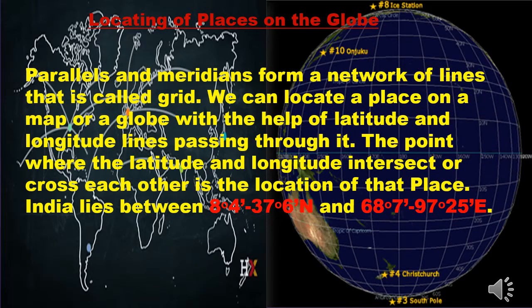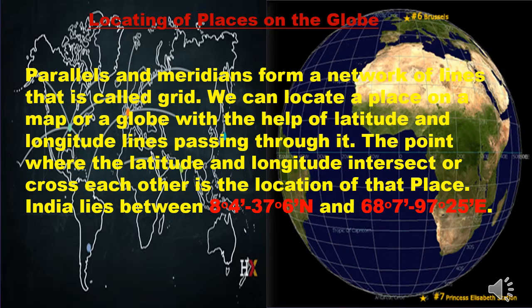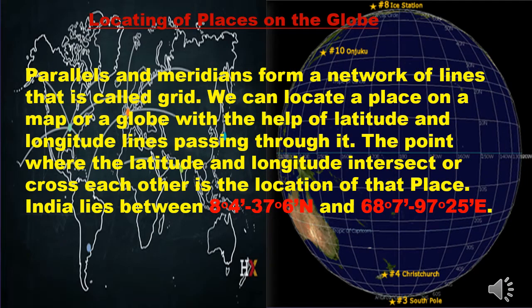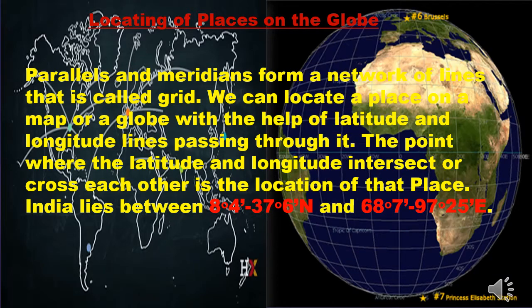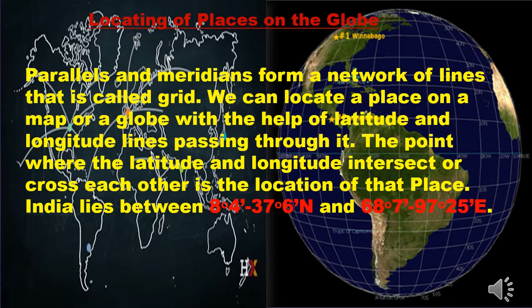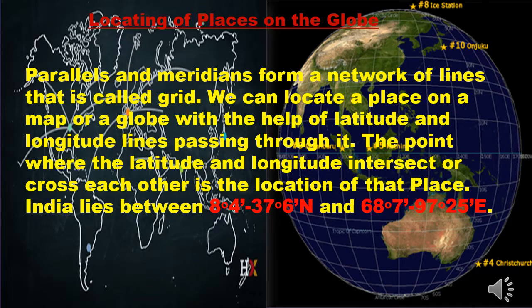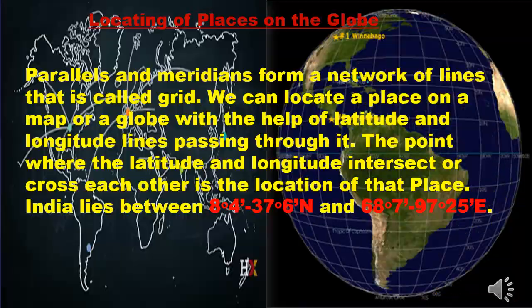The Tropic of Cancer, 23 degrees 30 minutes north, divides the country into almost two equal parts. To the south, east and southwest of the mainland lie the Andaman and Nicobar Islands and Lakshadweep Islands in the Bay of Bengal and Arabian Sea respectively.